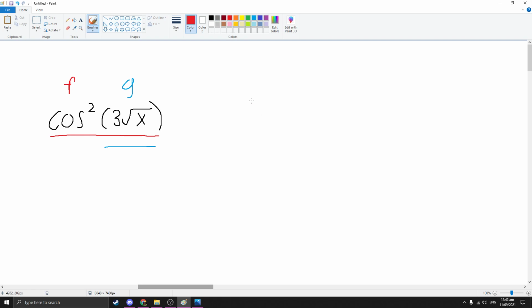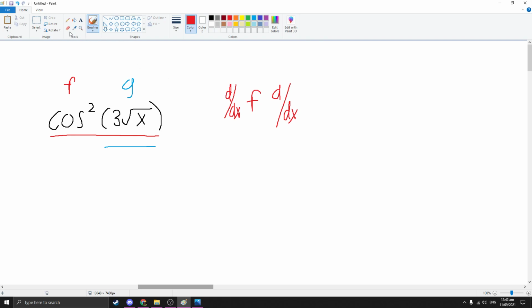So, kunin muna natin outside function. We're gonna write it as derivative ng outside function, which is yung cosine squared 3 square root of x. And then, kukunin natin yung derivative ng outside function without yung power.